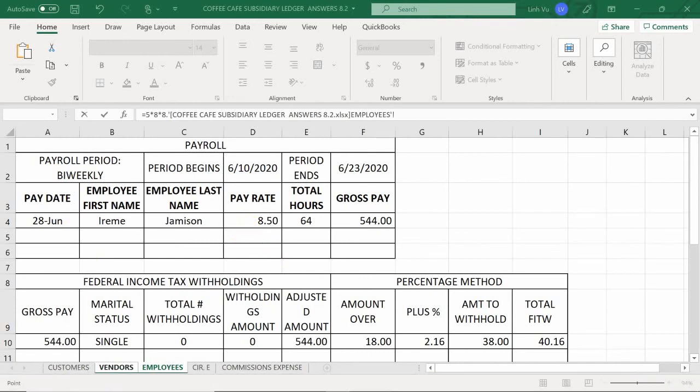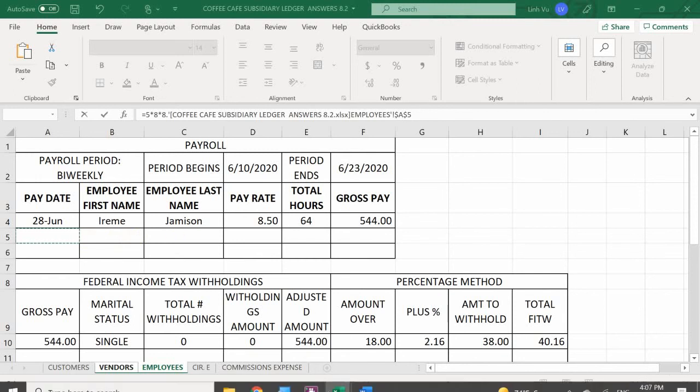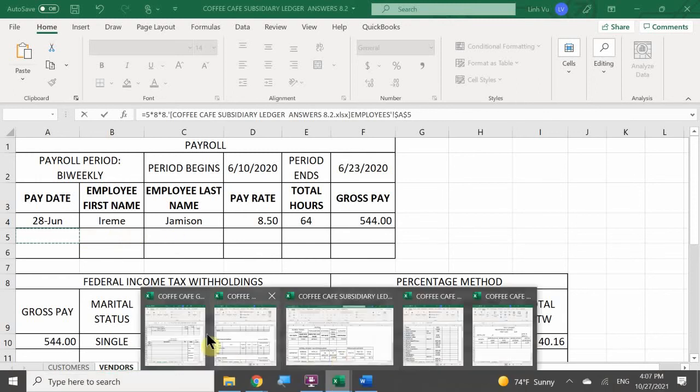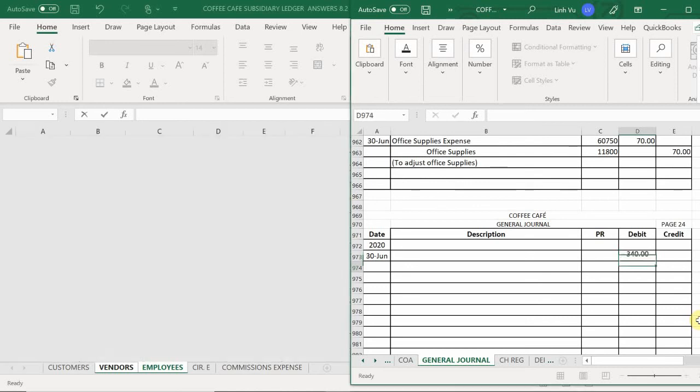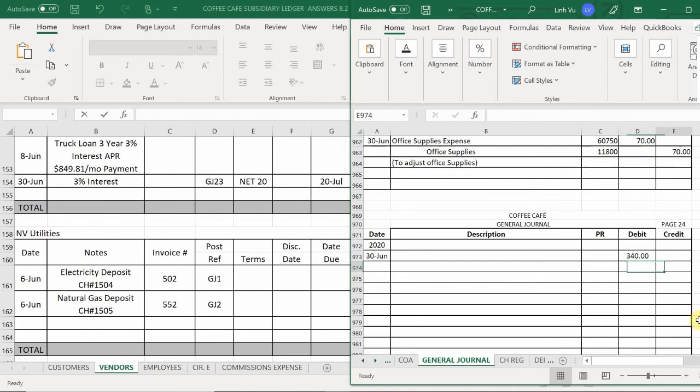Okay, so in this case, 8.5 times 40 hours, so 340, something like that. Yes, $340.